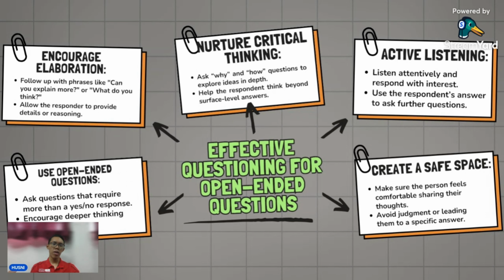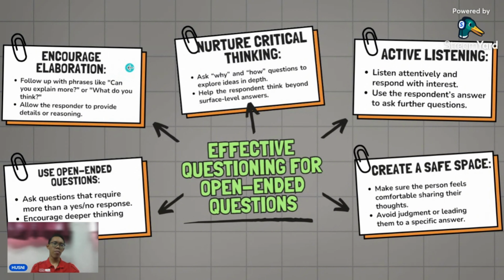Based on this video I provided, this was something more at a higher level of thinking, and probably not primary school. So it was relevant for the teacher to use open-ended questions. And then the second one is encourage elaboration.